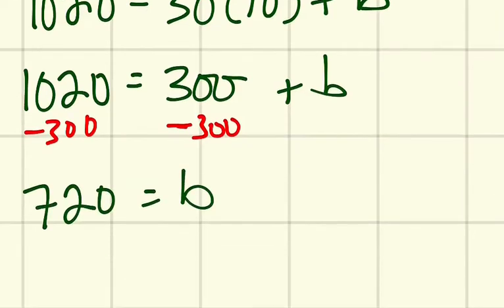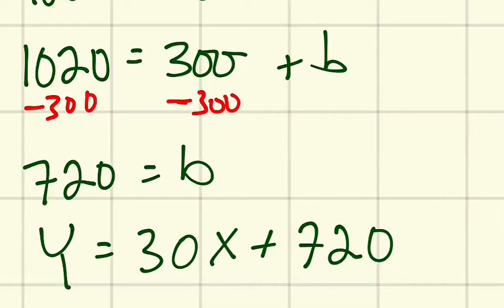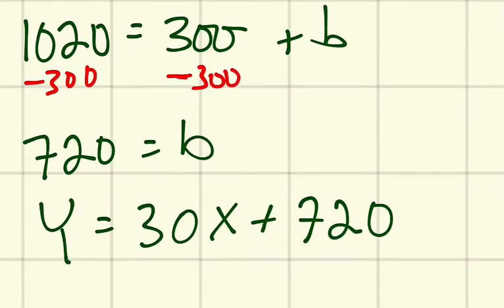So our equation is Y is equal to 30X plus 720. So he's getting a base salary of $720 a month, plus $30 times the number of sales.